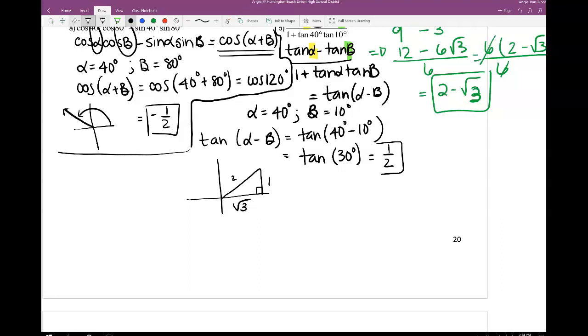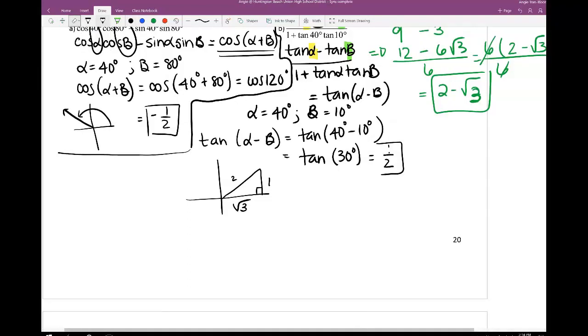I'm sorry, not 1 over 2. What am I saying? I was looking at sine. I want tangent, which is opposite over adjacent. Okay, so opposite is 1 over adjacent. It's rad 3, so this is really rad 3 over 3.